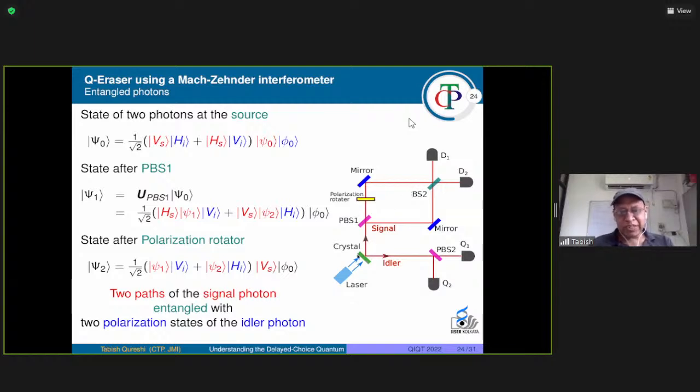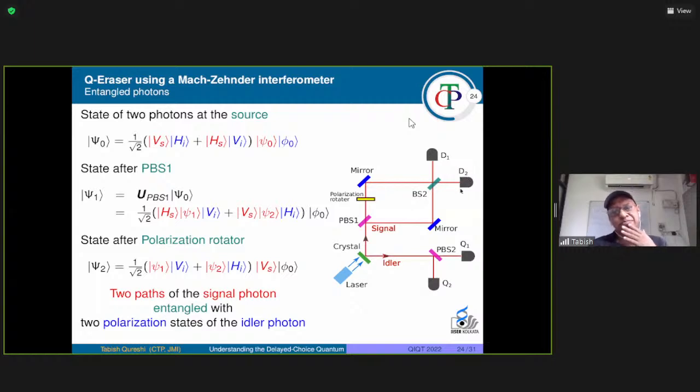There is a crystal and a laser shines on that, and it gives out pairs of entangled photons. One travels in this direction and one travels in this direction, and traditionally these are called idler photon and signal photon. The signal photon goes through this Mach Zehnder interferometer, and you all must be familiar with the Mach Zehnder interferometer.